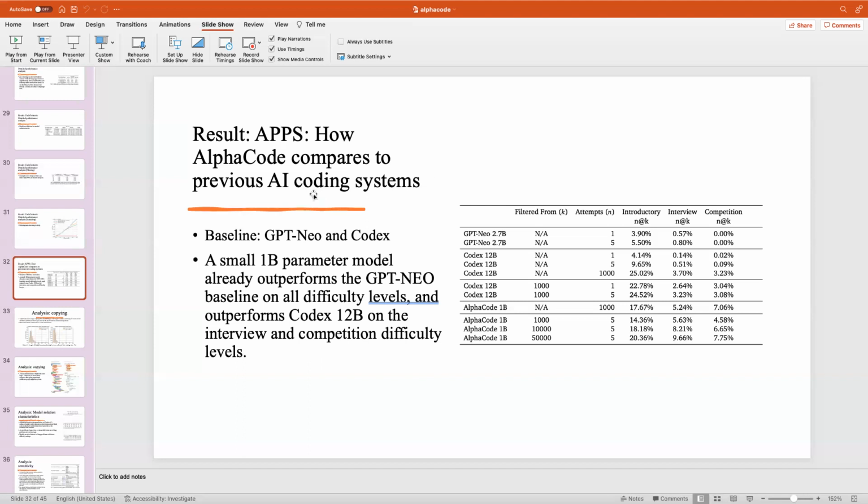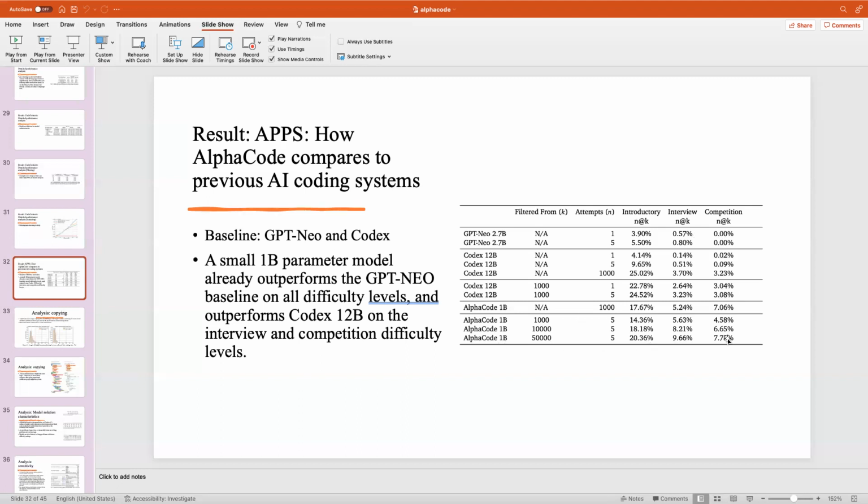So yeah, this experiment is done on a benchmark, APPS. APPS is not just competition coding; it also has some interview problems and introductory problems. So these three categories are just different categories of problems.